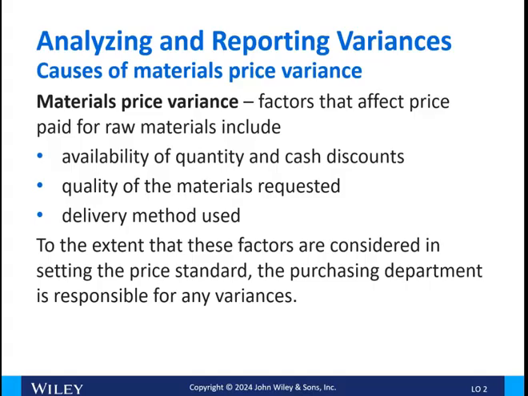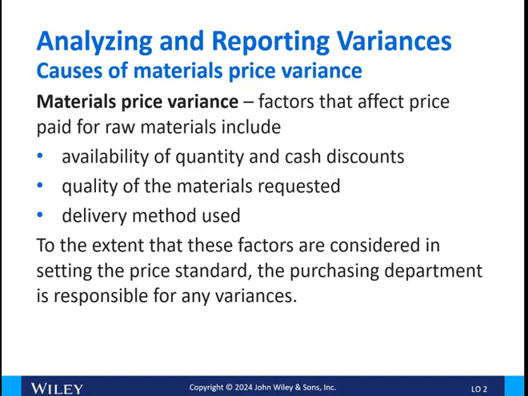So if you, for example, buy material from multiple suppliers and you set your standard assuming you're going to buy from supplier A, you end up buying more from supplier B that's at a different price, you're going to have a price difference. Same thing if you assumed you were going to be buying from a certain location and factored in the freight from that location. You actually had to buy it from a different location with higher freight costs. You're going to have a price variance.